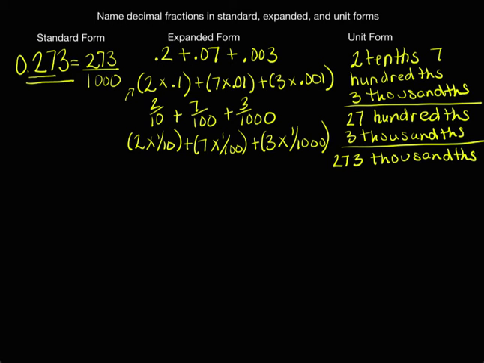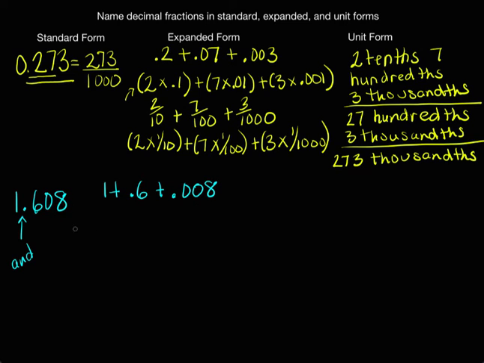Let's try a different number. Let's try 1 and 608 thousandths. This decimal here is represented when I use the word and. So in expanded form, I have 1 plus 6/10 plus 8 thousandths.